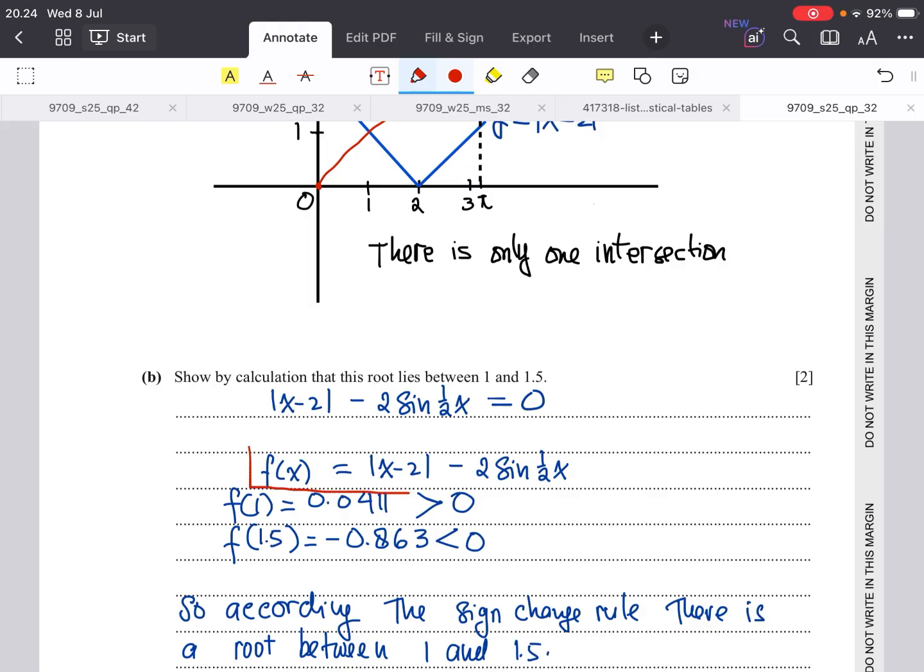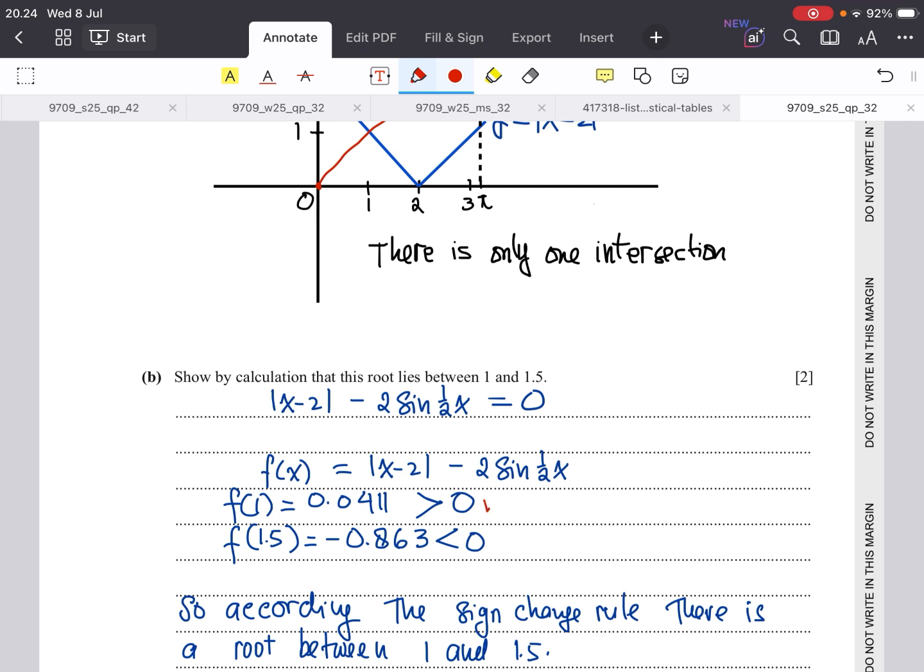So we need to check the sign of absolute x minus 2 minus 2 sine half x for the value of x equals 1 and for the value of x equals 1.5.